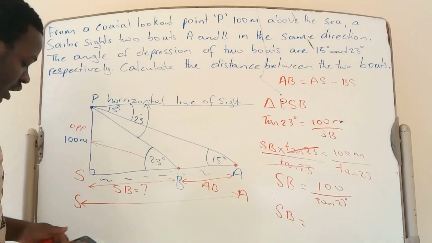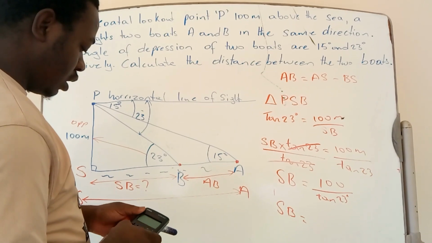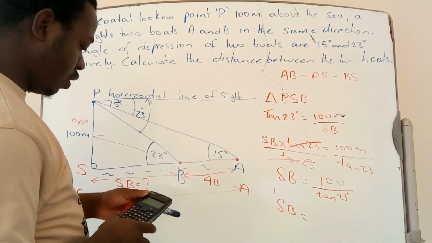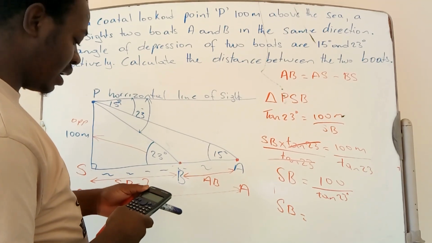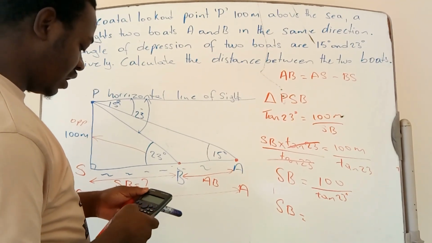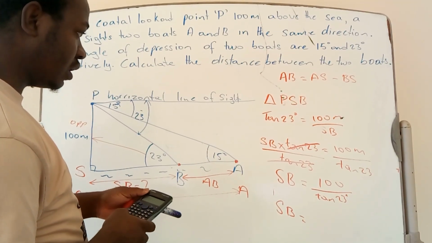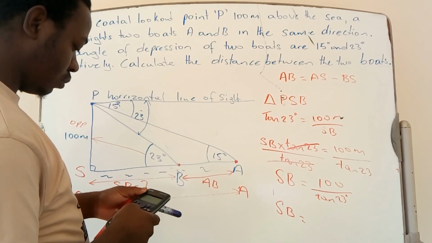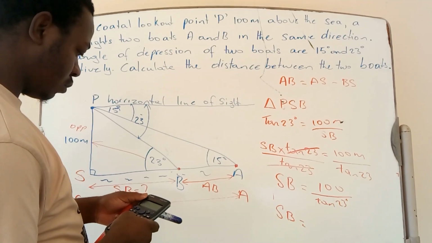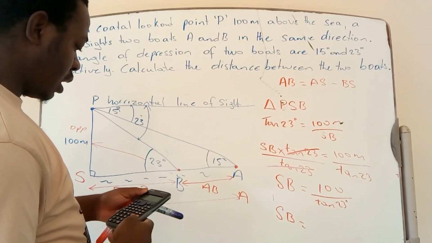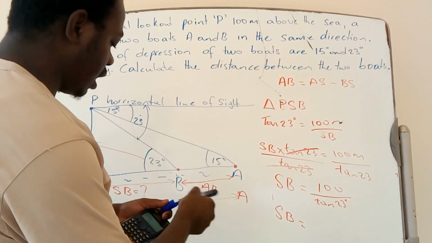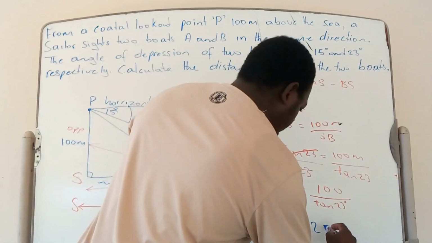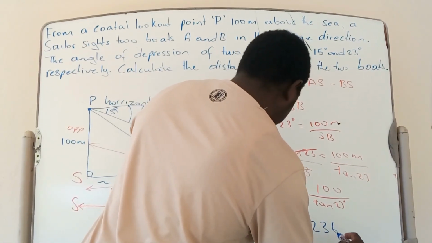So if we put that on our calculator, we know that that's going to be 100 divided by tangent of 23 degrees, and that is equal to a length of approximately 236.